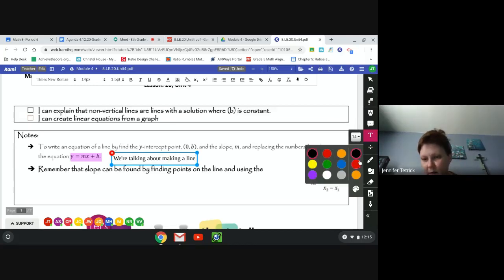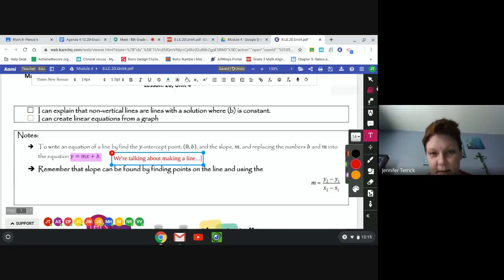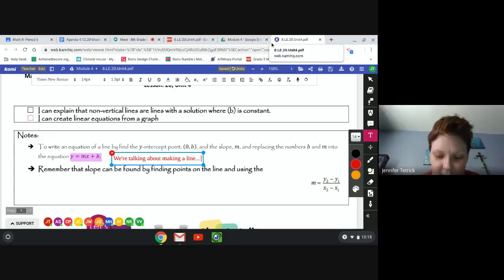And what type of line are we making, guys? Type it, say it. Charlize said linear. Thank you, Charlize.